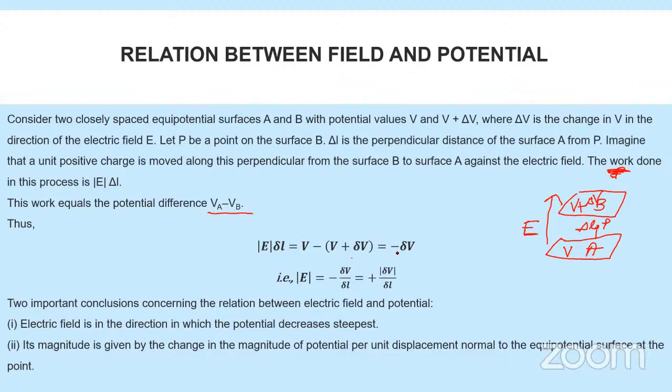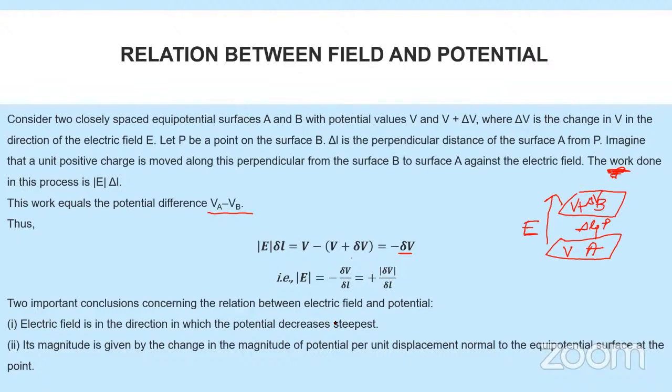So what we are left with is a negative del V, and hence we can see that E is going to be del V by del L. Now we are considering this as positive, so we are only considering the magnitude of it over here.